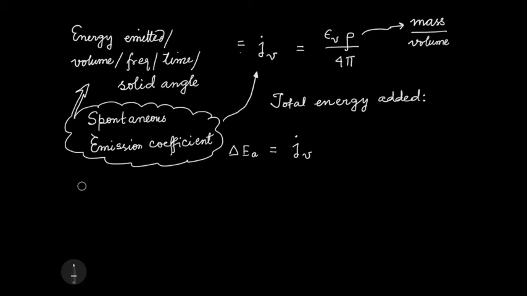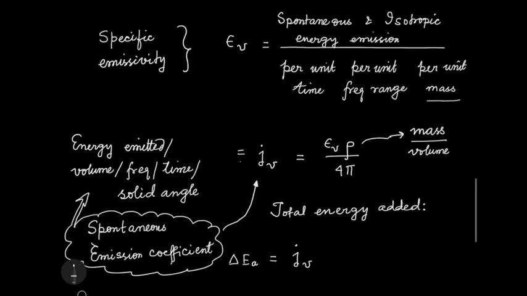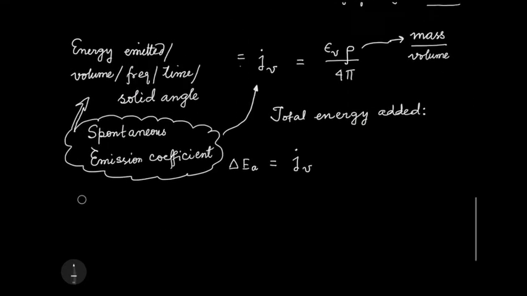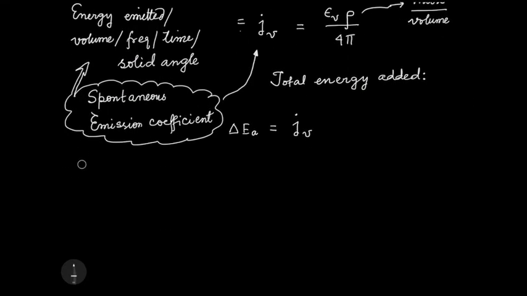Well, I can write it in terms of J nu. J nu is energy emitted per unit volume. Remember, the volume was delta A times delta S. So we are talking about energy added in this cylinder along the path of the radiation, right? So the energy added is this times the volume, which is delta A times delta S.